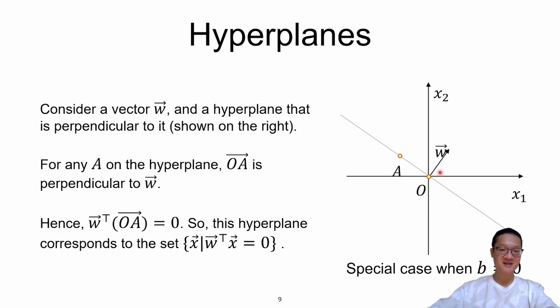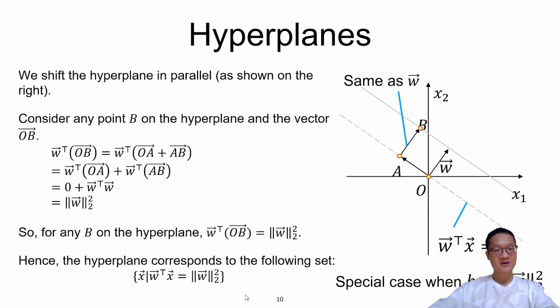And that's simply because any point on any vector along the line will have an inner product with W that equals 0. And then we did some more calculation and we said, okay, suppose we draw a line which is translated up by the length of W. Through the math that we did, which is basically taking the inner product between W and OB, expanding OB, we have OA plus AB, right?